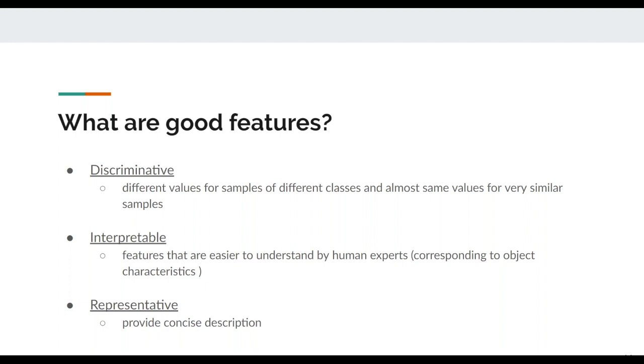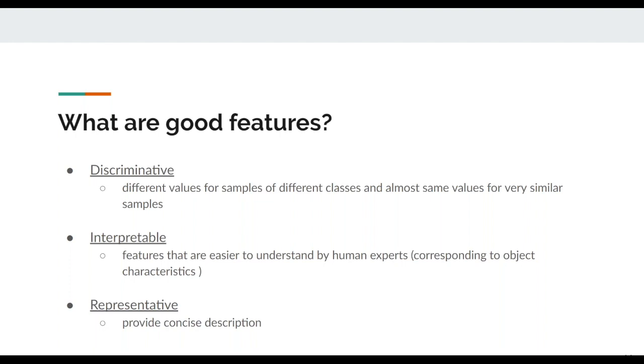I'll start with the discriminative, in the sense that we need to ensure that we have features that ideally have different values for samples of different classes, and ideally the same values for the same classes. In other words, we want features that we expect to have a direct connection to your classes, because this will allow us to use them as part of the classification process of the classifier model.